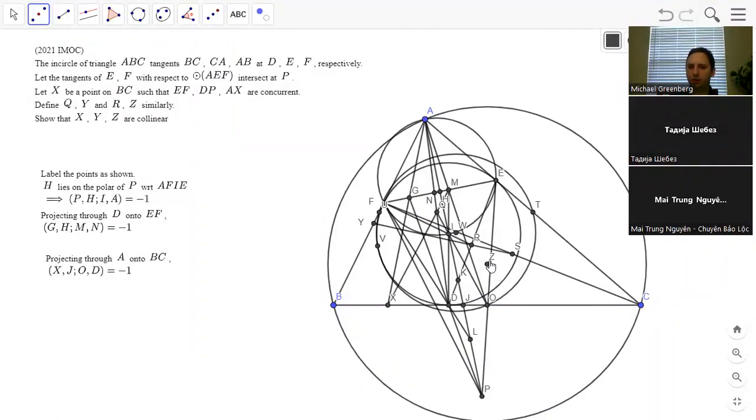That's true. Is that obvious? Not completely obvious, but well known.